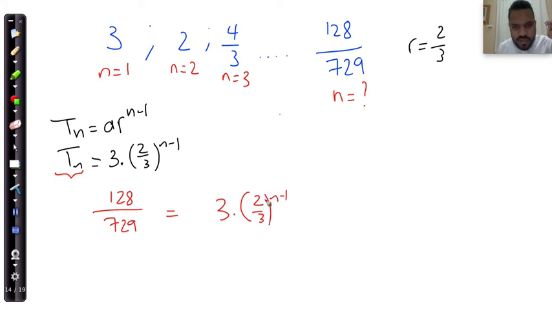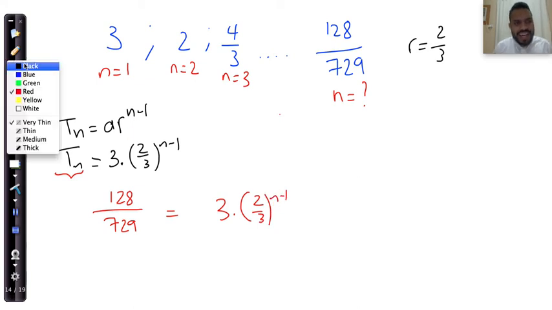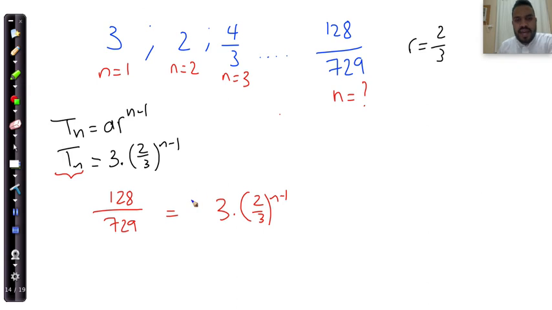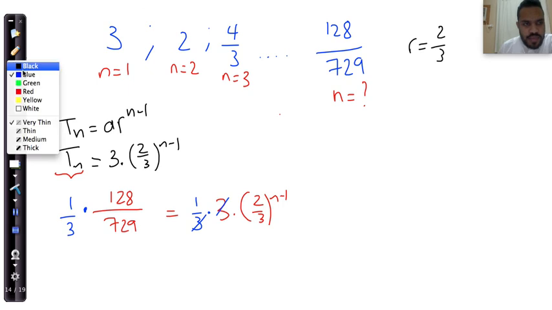This is one equation with only one unknown, and that now means that it's solvable, right? Firstly, let's get rid of this 3. I divide by 3 on this side, which is the same as saying let's multiply by a third, right? And if I've multiplied by a third on one side, I've got to multiply by a third on the other side. So that cancels that over there, and I'm left with just 2 over 3 to the n minus 1.